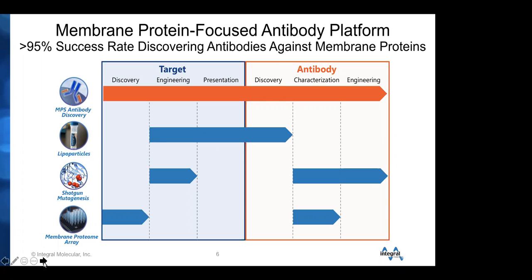And finally, our membrane proteome array for specificity profiling of lead antibodies, as well as target discovery. And Ross will talk a little more in detail about our membrane proteome array. So these technologies together enable our high success rate of greater than 95% for discovering antibodies against membrane proteins.